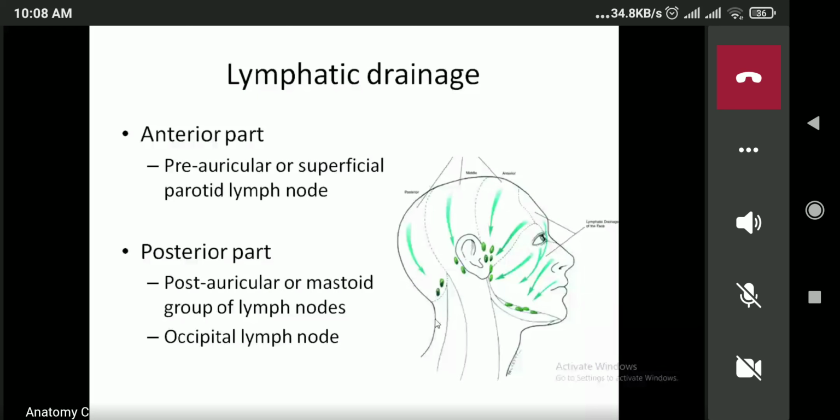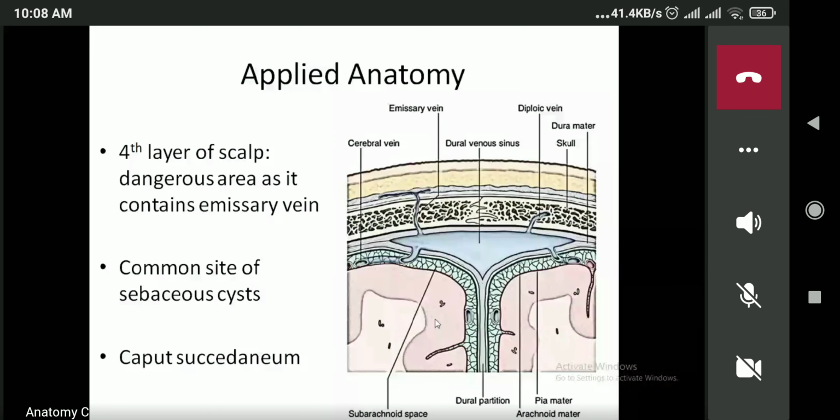Then let's go for some applied aspects related to the scalp. As we have already mentioned, the fourth layer of the scalp is considered the dangerous layer of the scalp. This is most often asked in MCQs, where you have to find out whether it is the first, second, third, fourth, or fifth layer.